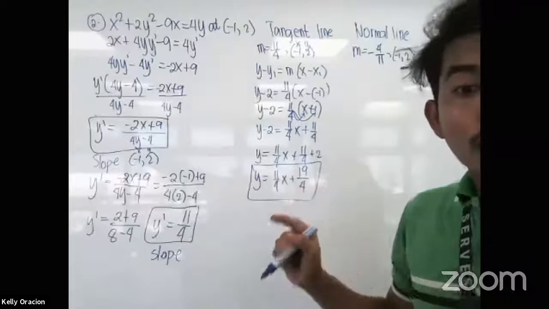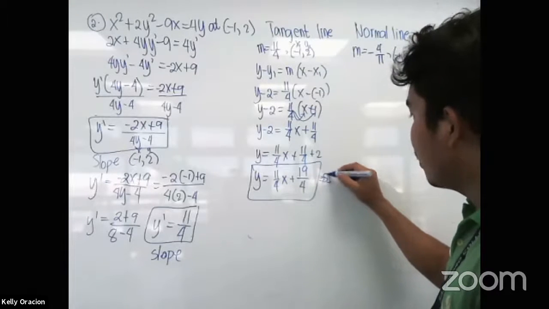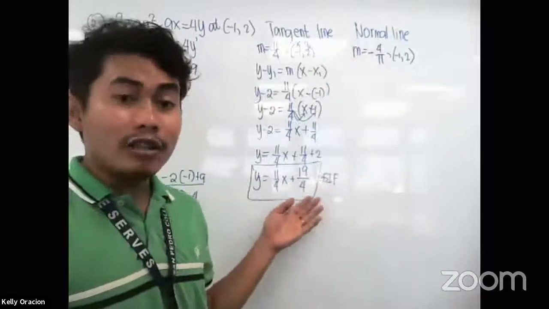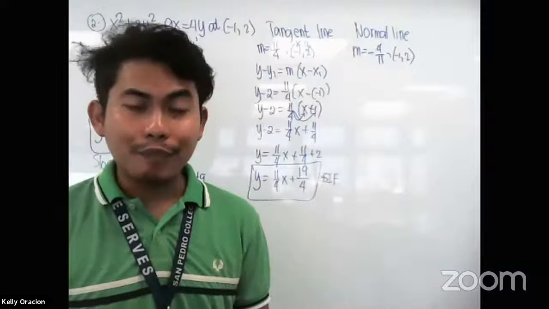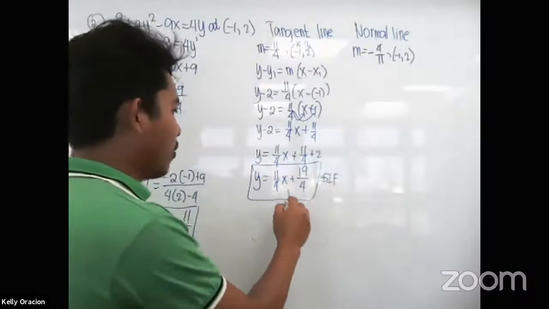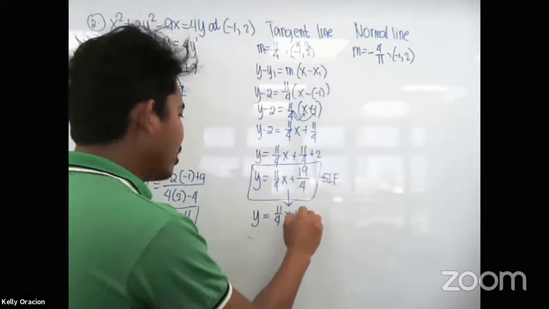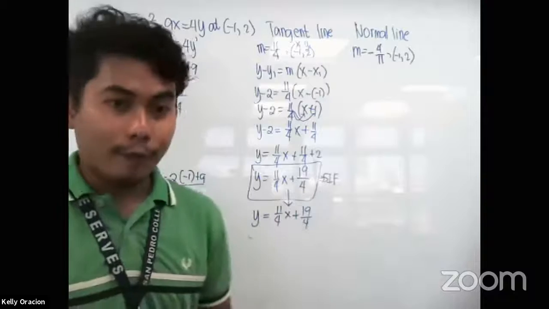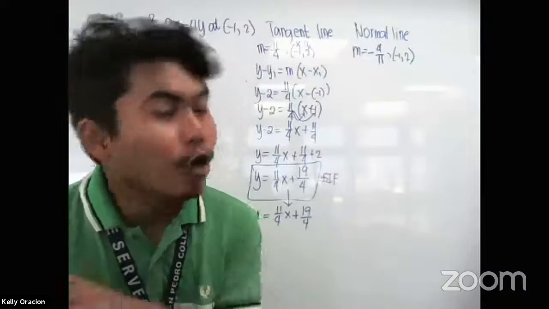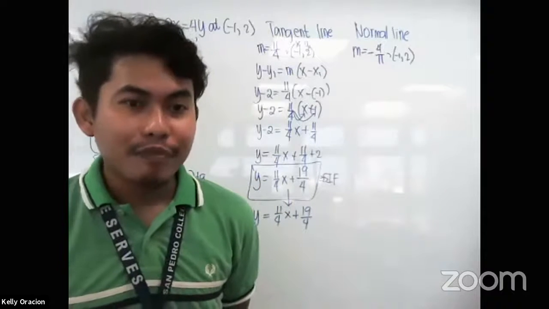Ito yung sagot mo in a form of, ano yung SIF? In a form of slope-intercept form. Again, ito yung sagot na naka-slope-intercept form. Now, we are going to transform this one into general form. Kasi malay mo, wala ito sa choices, pero yung sagot niya is naka-general form.